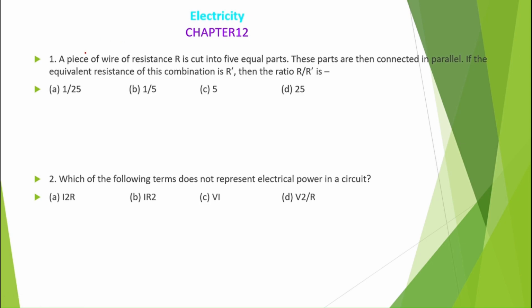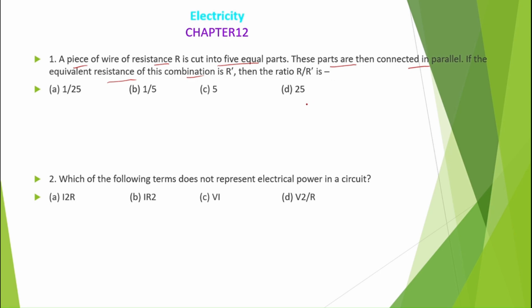See next question. A piece of wire of resistance R is cut into 5 equal parts. These parts are then connected in parallel. If the equivalent resistance of this combination is R dash, then the ratio of R by R dash is how much? He is asking.